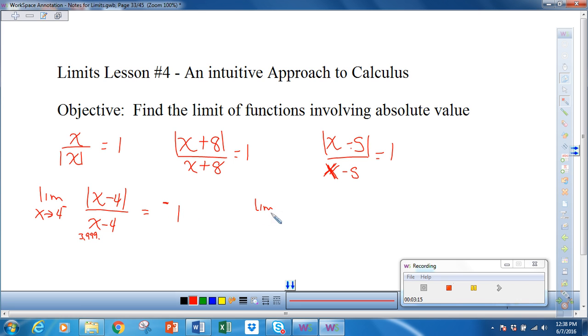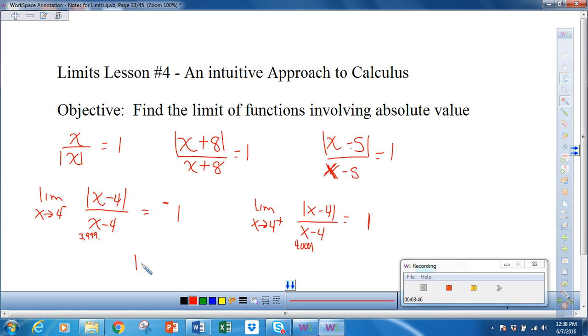But if I were to do the limit as x approaches 4 from the right, the number on the top will always be positive because it's an absolute value, and now the number on the bottom would also be positive because I'm putting in numbers slightly greater than 4, like 4.001. So since I'm dividing a positive by a positive, I'm going to get positive 1.